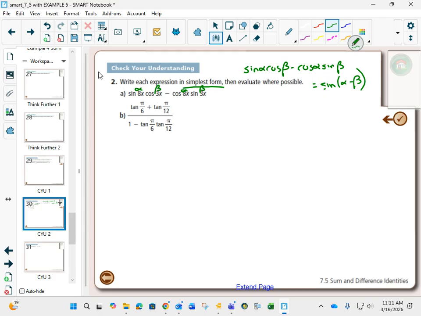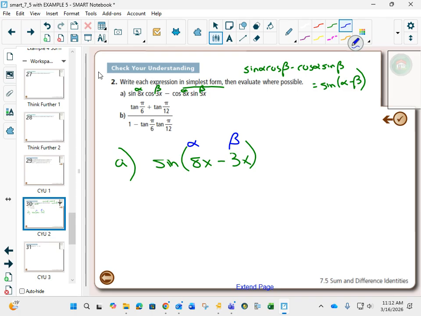So that means in part A, I can take this whole thing and use the identity and switch it to sine of 8x minus 3x, because this was my alpha, this was my beta.